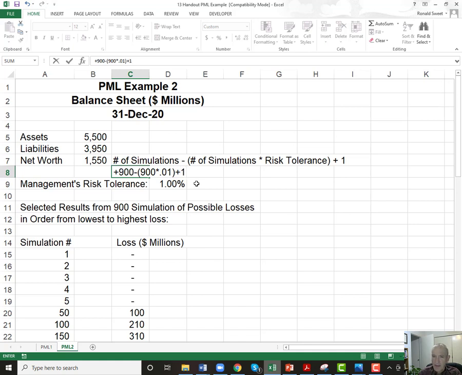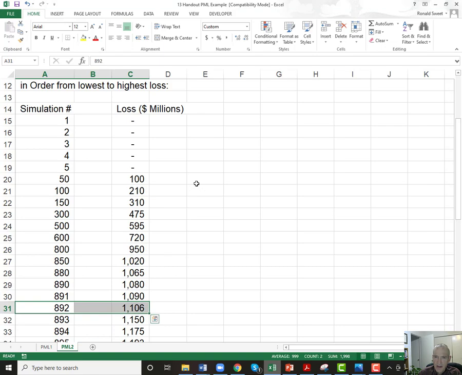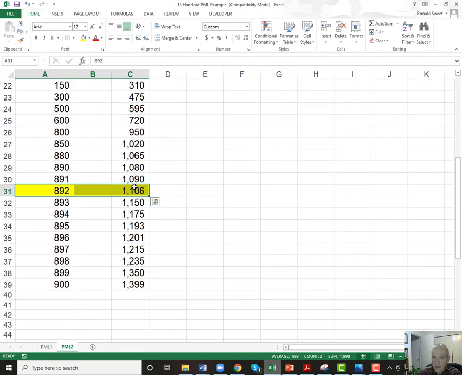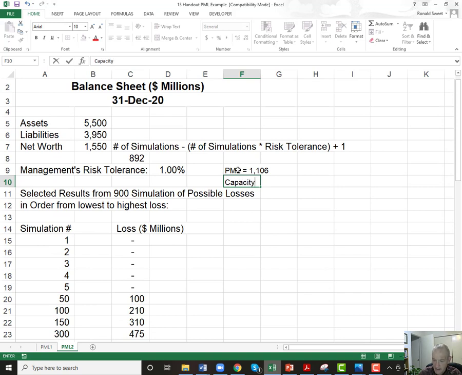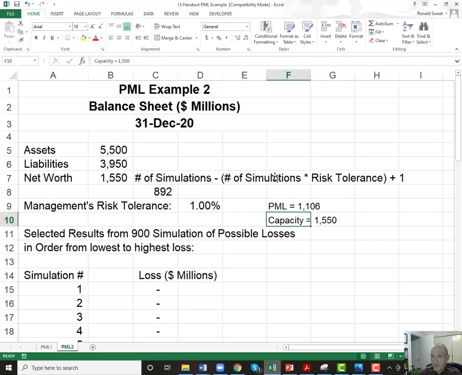So that's 892. So we go down, we find our simulation equates to 892, and there it is right there. So our PML is 1106. Capacity is 1550. So in this case, our PML is less than we can stand. We can stand 1550. Our PML is less than that.